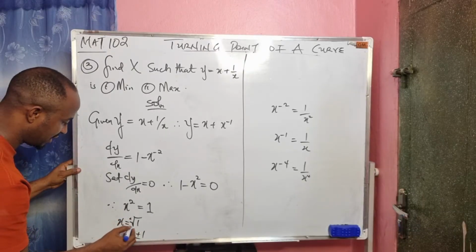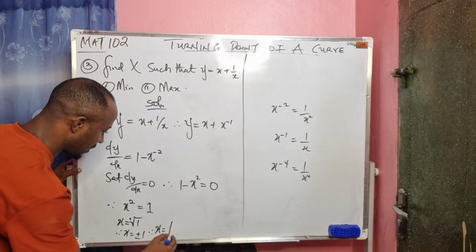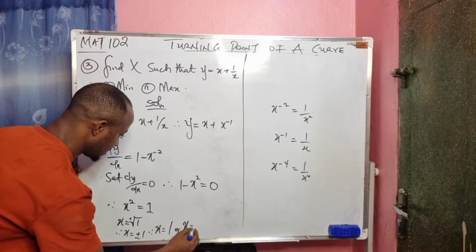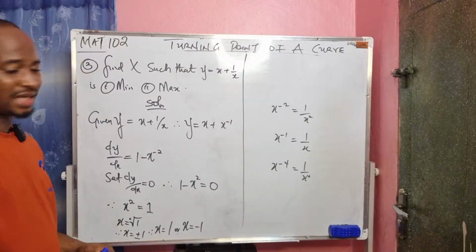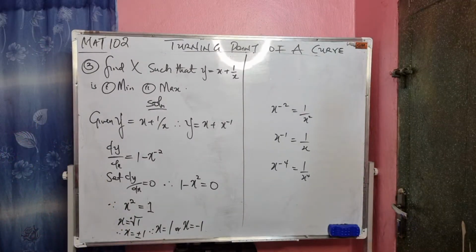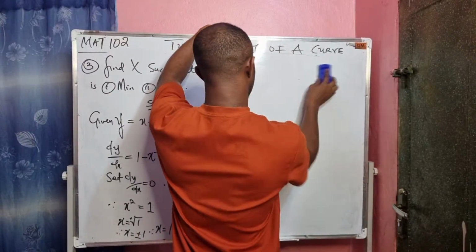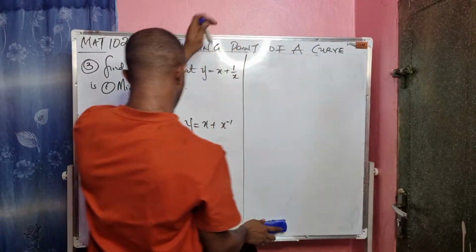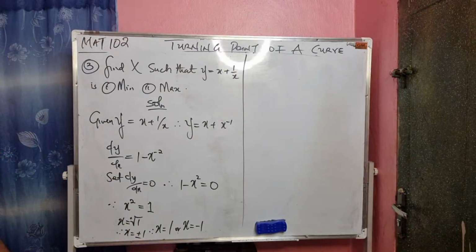This is plus or minus root 1. Therefore, x is equals to 1, or x is equals to minus 1. I hope we know that anytime we find the square root of a number, the answer will either be plus or minus.